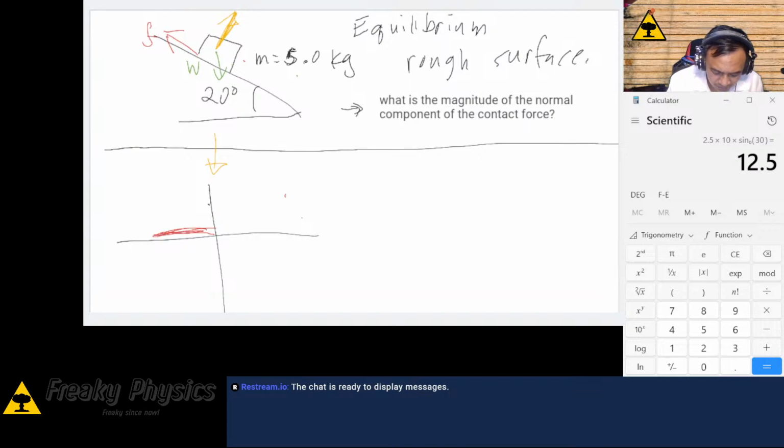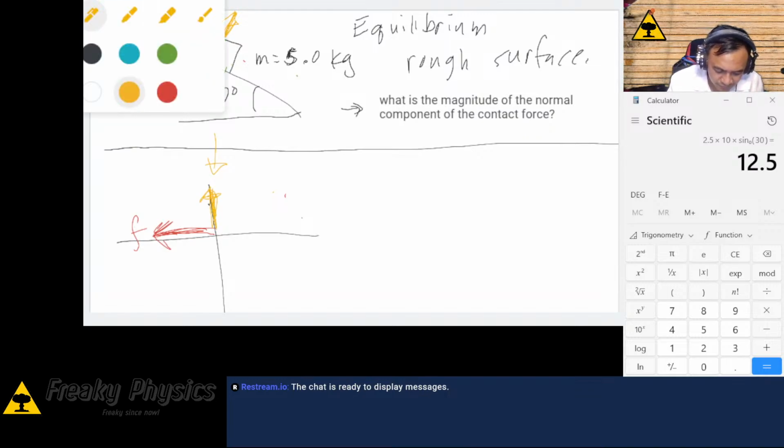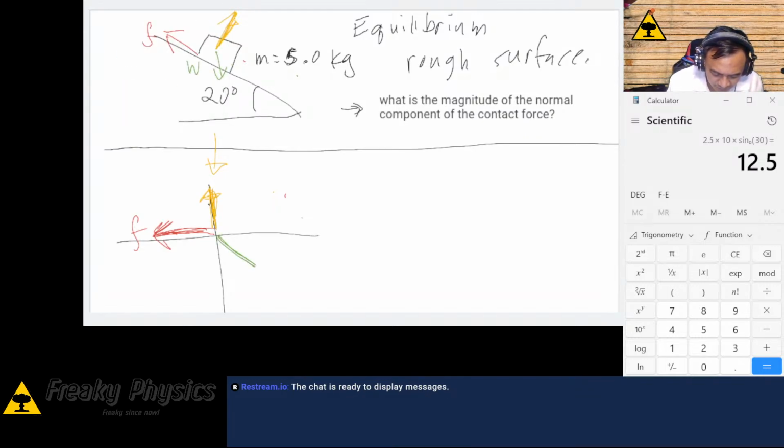So this is now like that. The friction's here. The normal contact force is now up there. Now the weight has rotated this much, right? And we know the angle, that's 20 degrees. This is the weight. So this is going to be Wx and Wy.